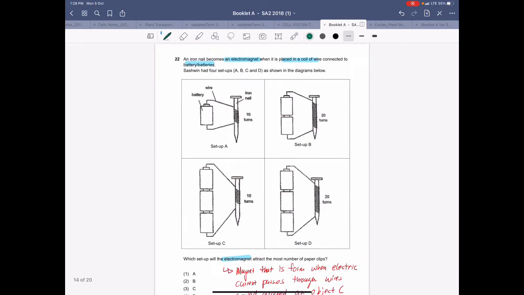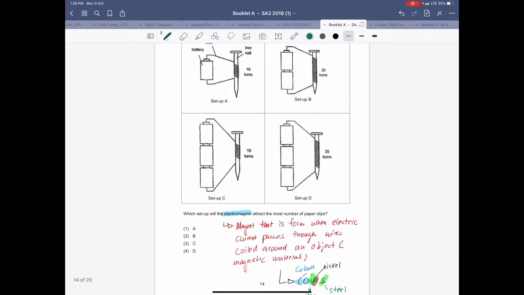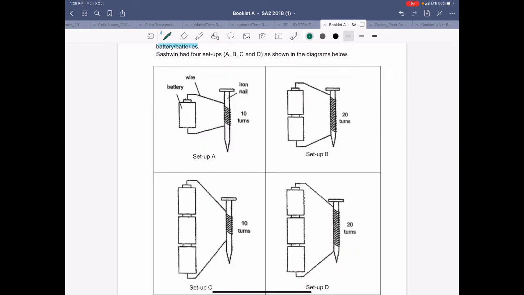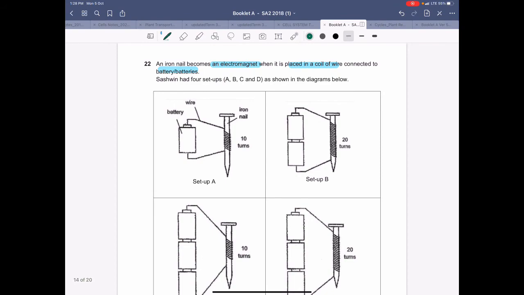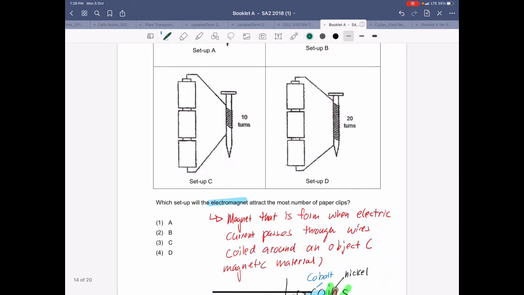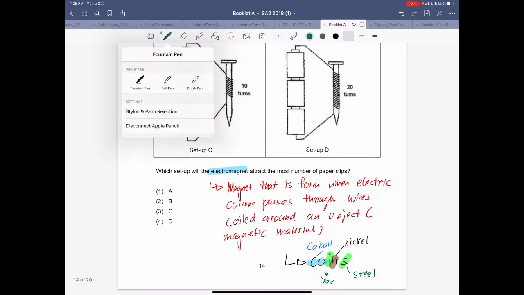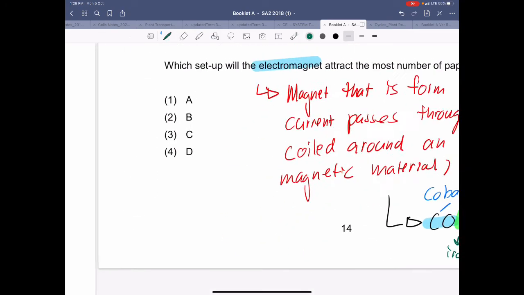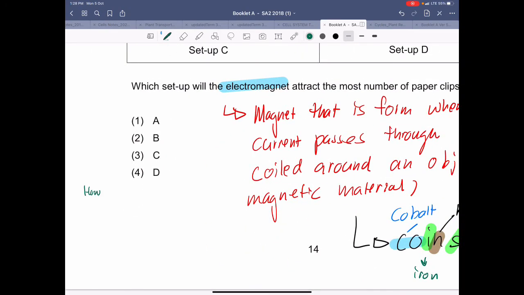So this question is testing you on how to strengthen an electromagnet. There are basically 3 ways, which I'm going to jot down here. The first way would be to increase the number of batteries in the circuit.